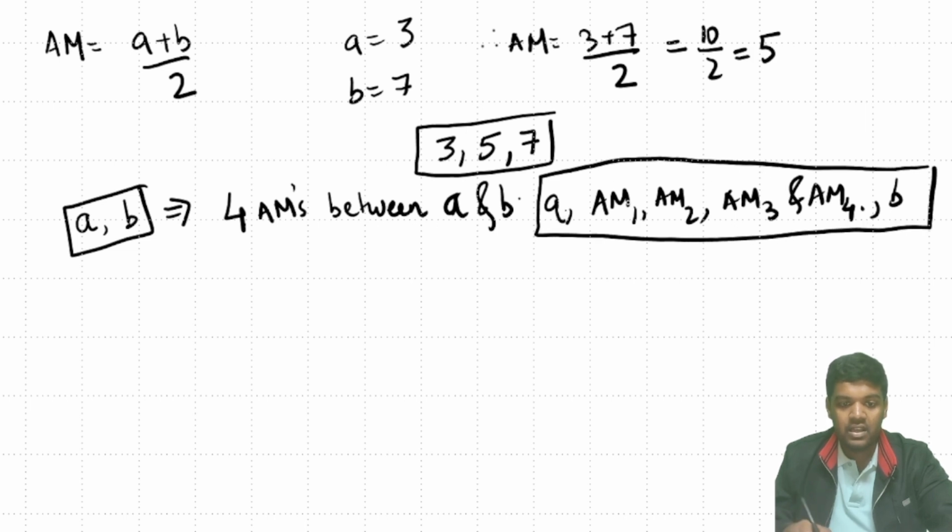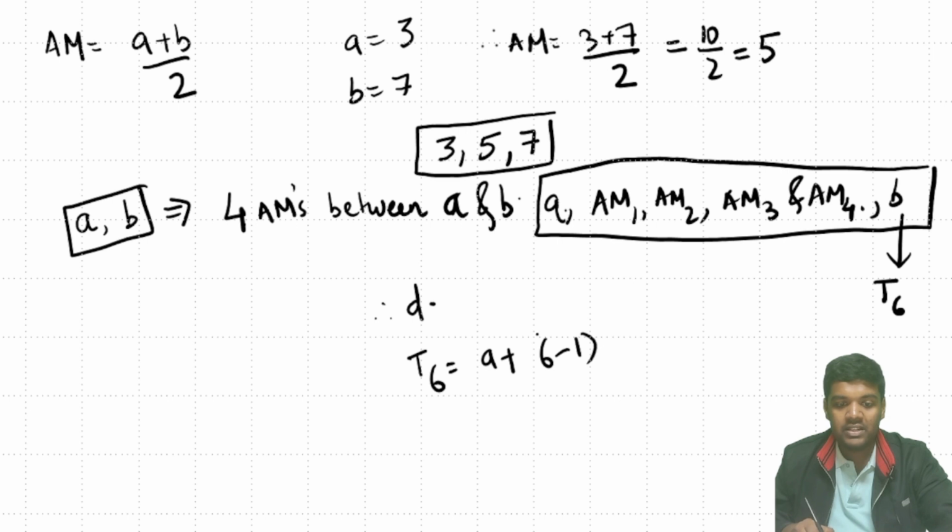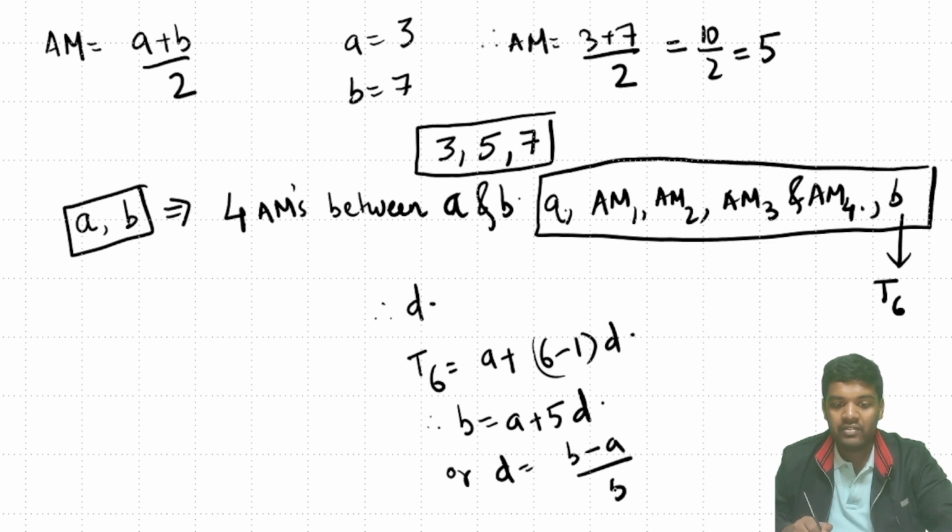Now if these 6 numbers are in AP, then B is the 6th term. Clear? Let's say the common difference of this series is D and B is the 6th term. So T6 equals A plus 6 minus 1 into D. Therefore, T6 is nothing but B. B equals A plus 5D, or D equals B minus A by 5.